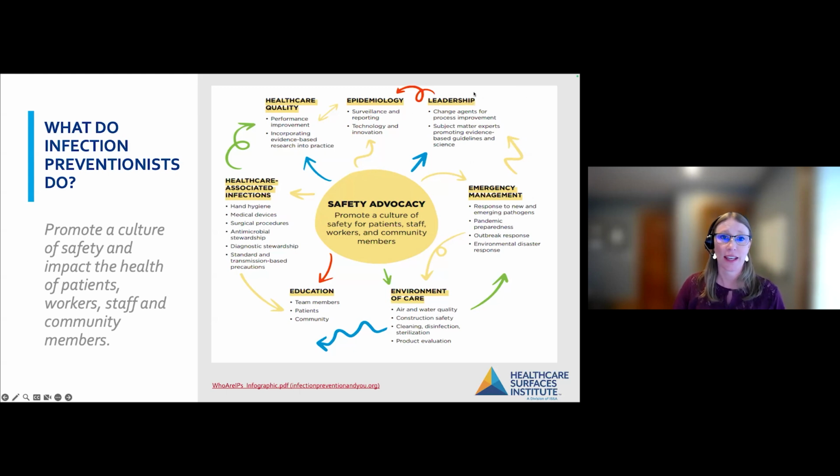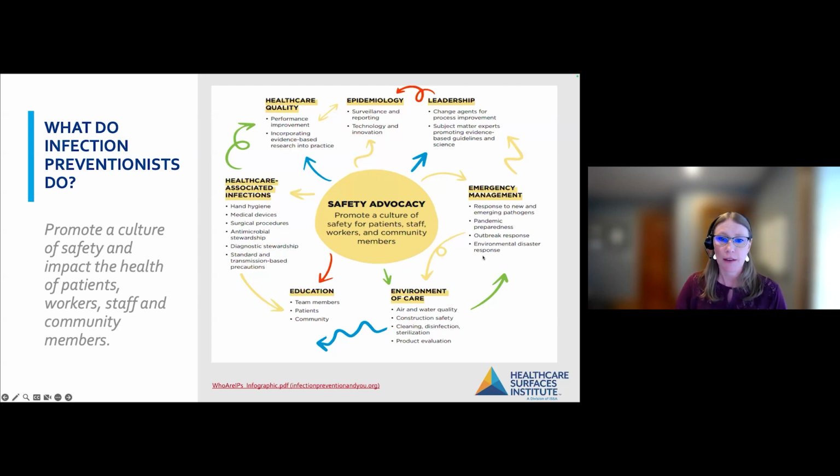I like to say that anything that is within or surrounding the healthcare facility is really under the purview of the infection preventionist, because we know that there's so many different ways that things can come into the facility and then affect both our patients and our team. So we're spending a lot of time keeping our leadership up to date with how we're doing, especially when we're looking at our healthcare associated infection rates.